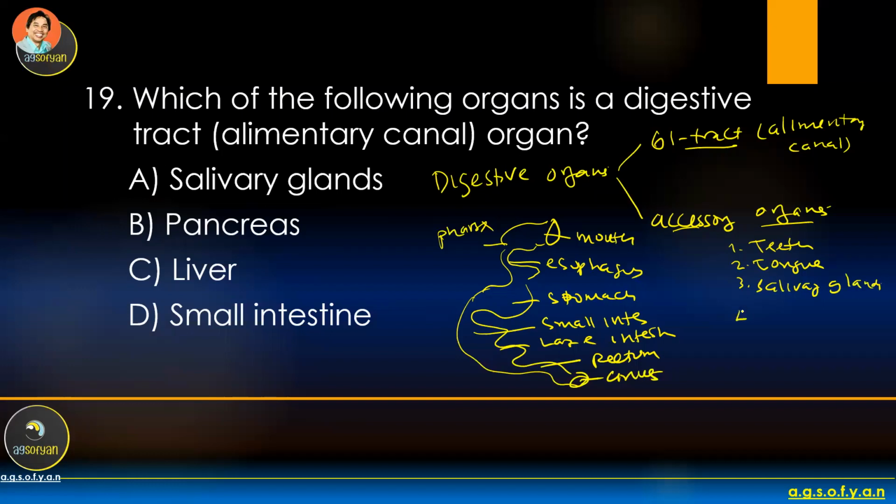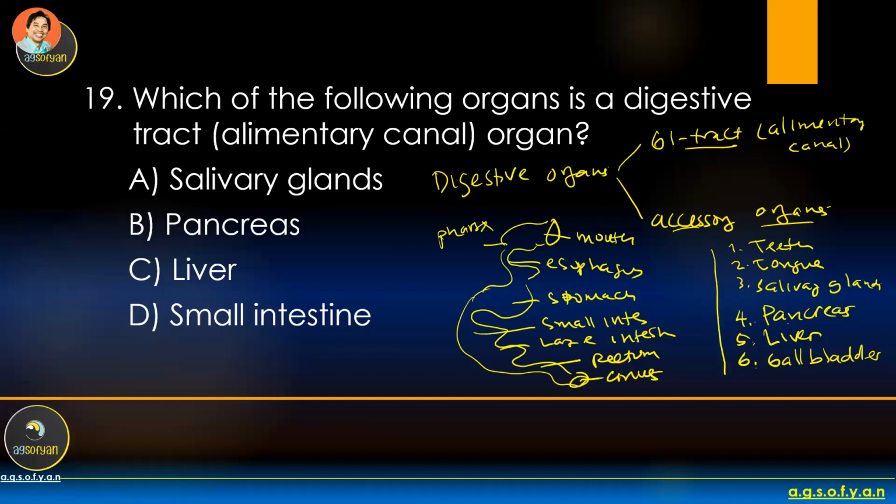We have another three accessory organs in the abdominal cavity, which are pancreas, liver, and gallbladder. So these are the accessory organs of the digestive system.